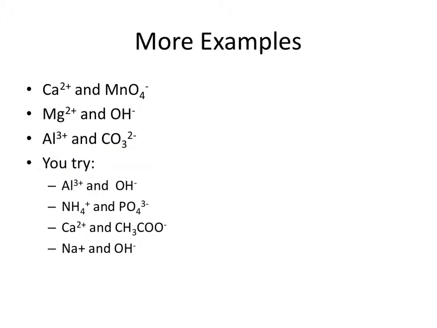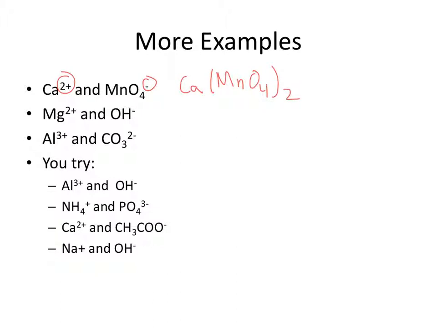So if we have calcium 2 plus and permanganate, right? Permanganate has a 1 minus, calcium has a 2 plus. So that means we're going to need 2 of the permanganates. So we're going to do Ca, parentheses, MnO4, and then a 2, right?